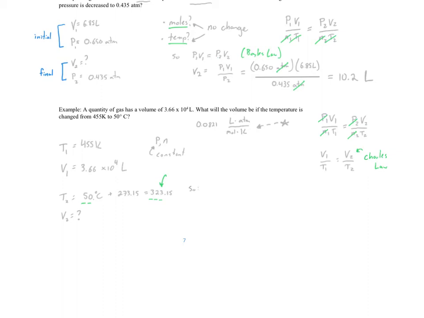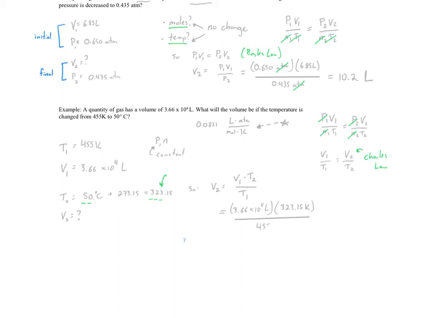Now all that's left for us to do is to solve for V2. We can multiply both sides by T2 to isolate V2. This gives us V2 is equal to V1 times T2 divided by T1. So when we plug in our V1 and our T2, and we're multiplying those by each other, and then we're dividing by T1, we see that the temperature units, Kelvin, will cancel, and we're left with units of liters for volume.